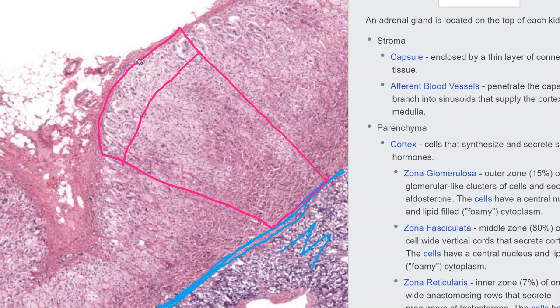Zona glomerulosa is going to be close to the capsule and close to the outer edge. Then we're going to have zona fasciculata in the middle, and we're going to have the darker colored zona reticularis closest to the medulla.